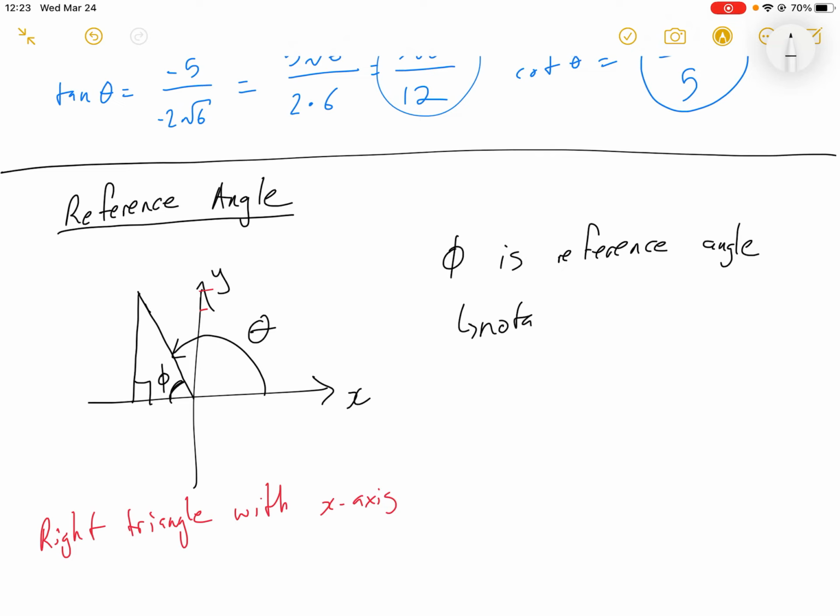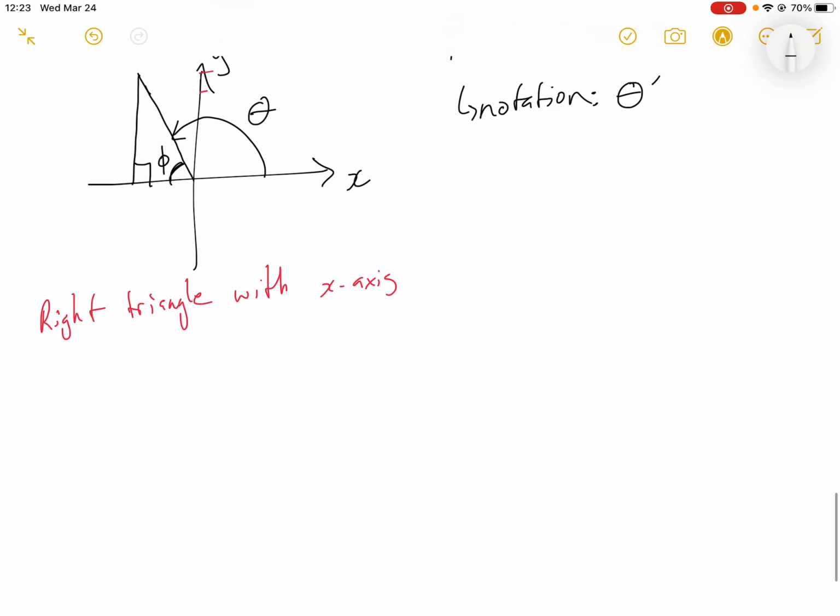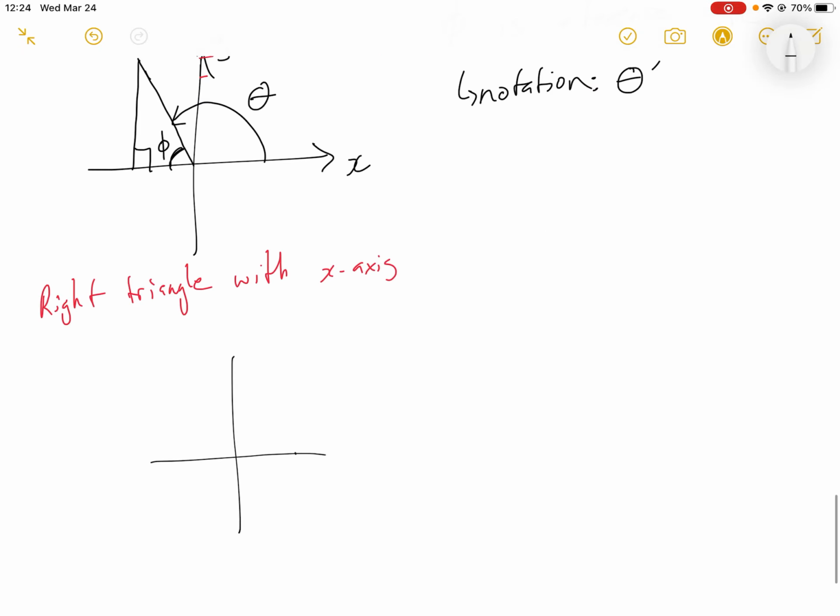And usually we use the notation theta with a little tick mark next to it, and we say sometimes this is theta prime, or you might just say theta dash or something, but this is the notation for the reference angle. Another example would be if I had my theta all the way over here.